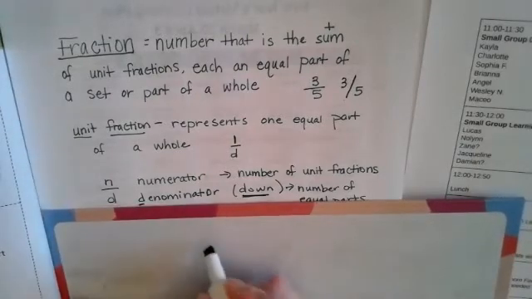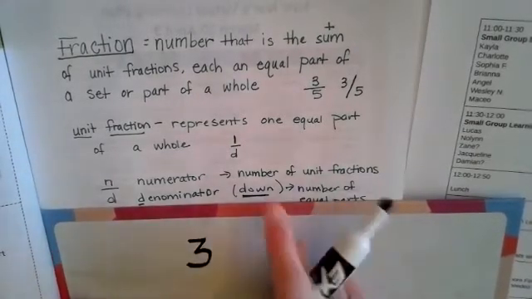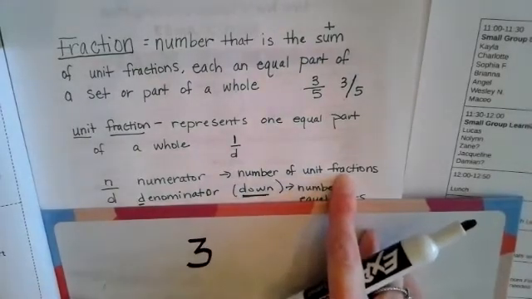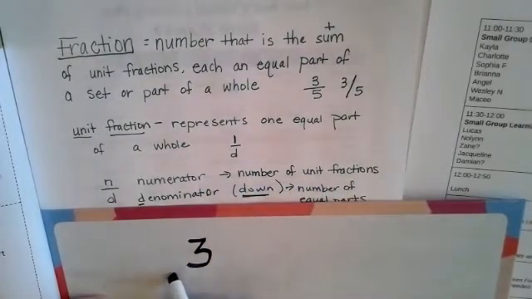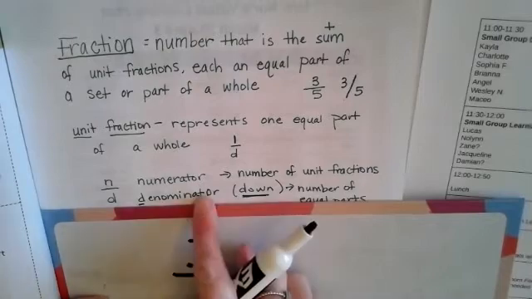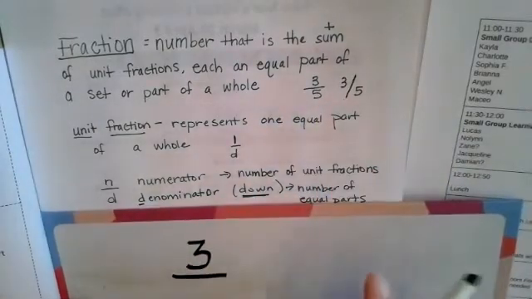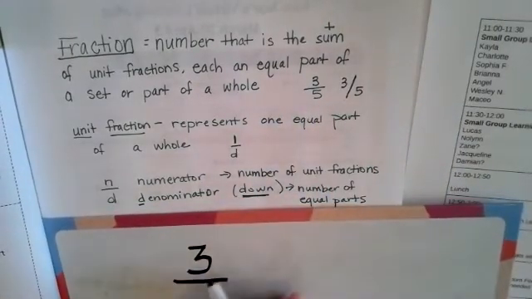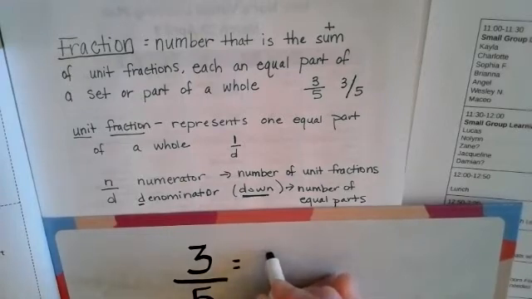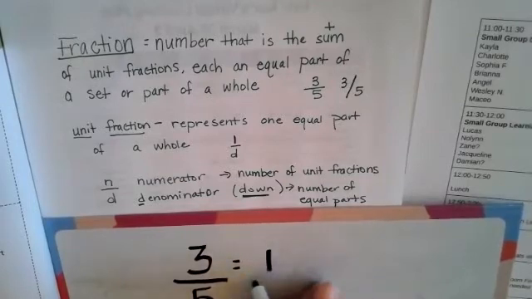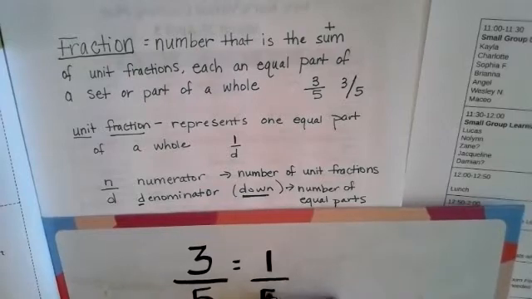My numerator is 3. That is the number of unit fractions that I'm going to have in my problem. My denominator is the total number of equal parts in my fraction, and we said that there were 5. If I were to write that as a sum of unit fractions, I could show that like this. A unit fraction has a 1 in the numerator, and the denominator stays the same.